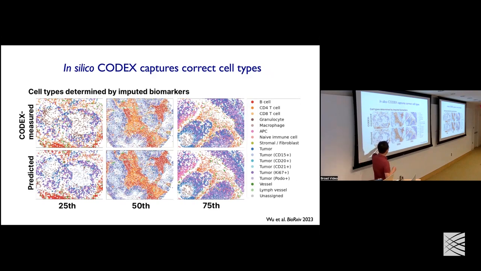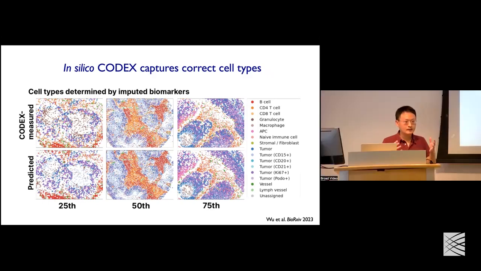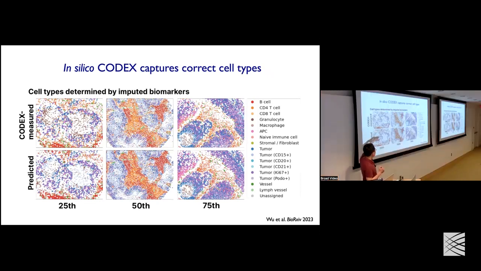These are examples we took from the 25th percentile, the median, and the 75th percentile in terms of how well the synthetic data performs. The 25th percentile are the settings where the synthetic data has relatively poor performance. Even in that case, it is still able to capture many of the key cell types, the different immune subtypes and tumor microenvironments. This makes it much easier for folks to work with these spatial data, especially in settings where it's too hard or expensive to do the experiments.